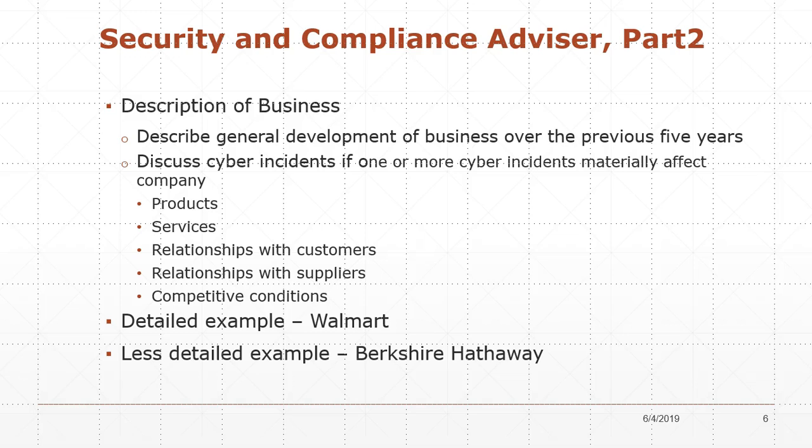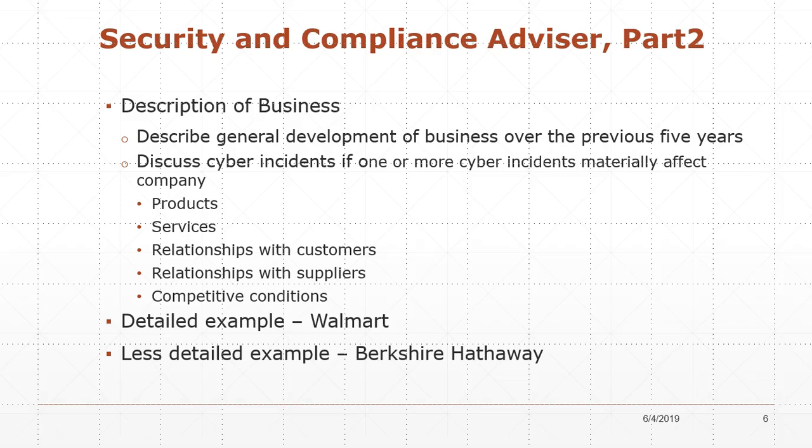Description of the business. Here you may have some reporting of the cybersecurity framework and compliance framework that you're using, but generally you're describing the development of business over the previous 5 years. So if you have a cyber incident that materially affected the company, you certainly might talk about how that has impacted the company over those 5 years.